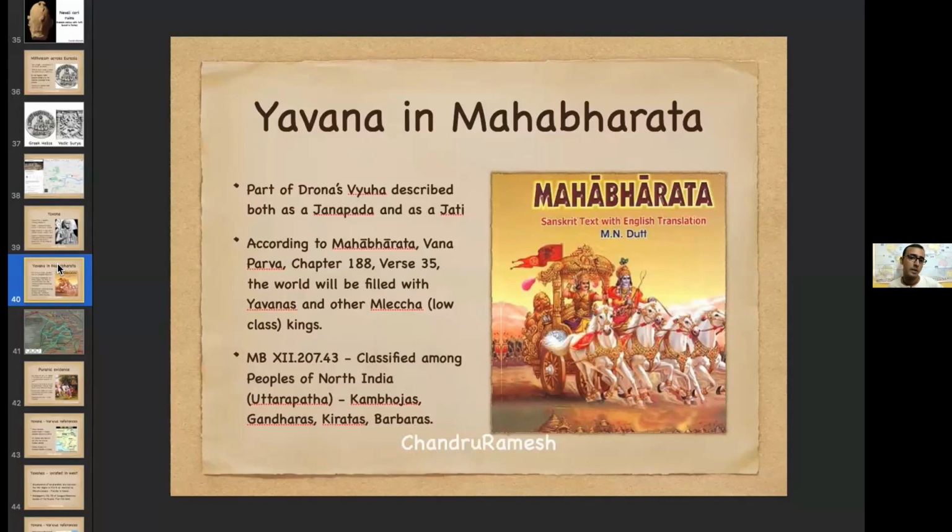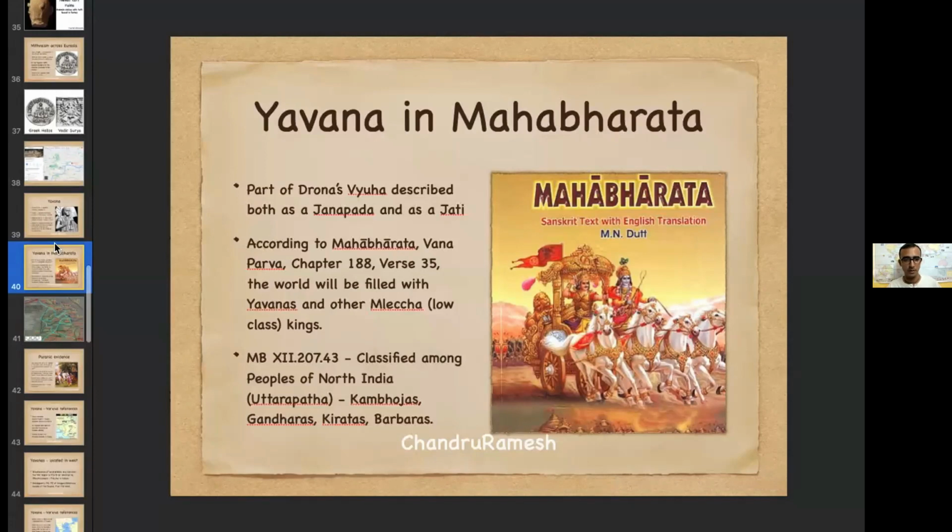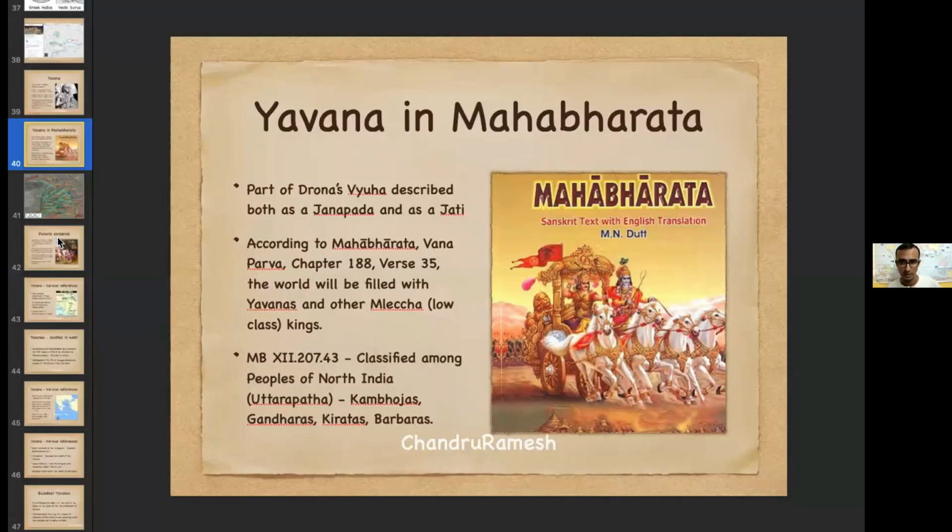The Yavanas are described in the Mahabharata as being part of Dronacharya's Vyuha. In one case, they are described as a Janapada. I explained in the previous class what a Janapada is. Jana are people and Pada are their feet. So when a group of people occupy a particular land, it is called a Janapada, and they are also described as a Jati, as a caste.